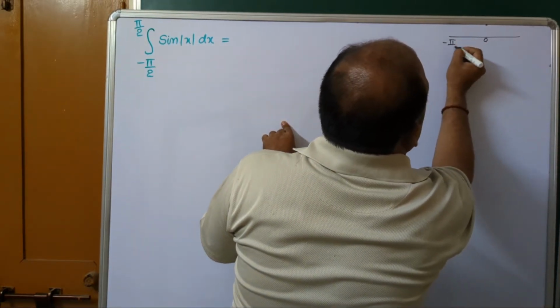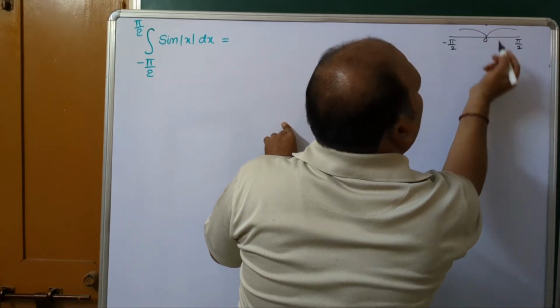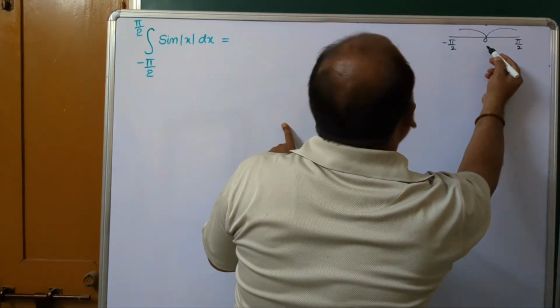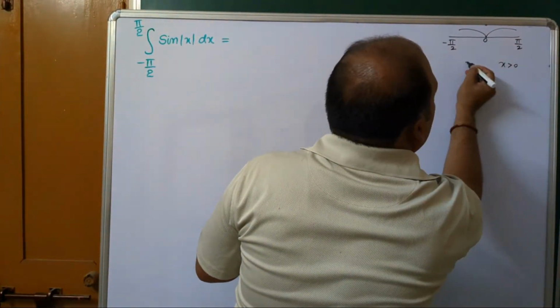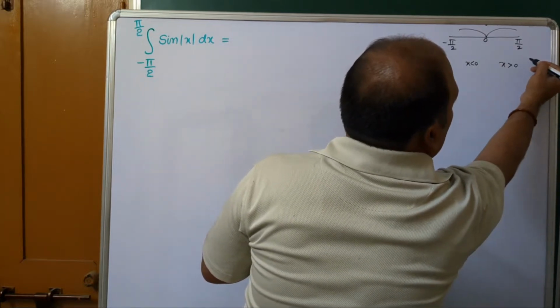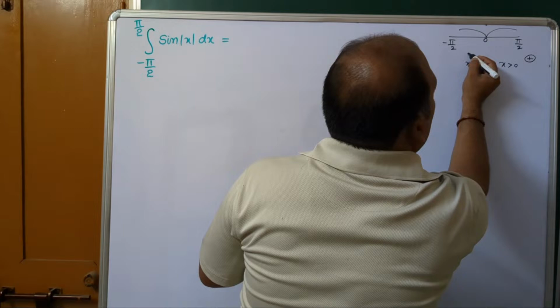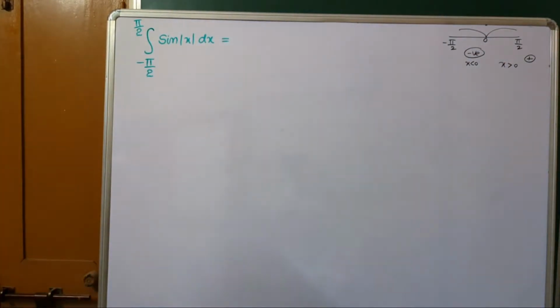Minus pi by 2 to plus pi by 2. This side is the x greater than 0 case. The x less than 0 case is this side. x greater than 0 means positive we are considering. x less than 0, negative.